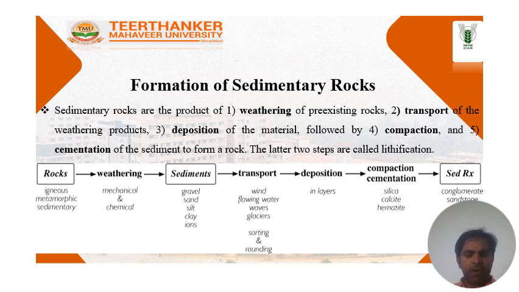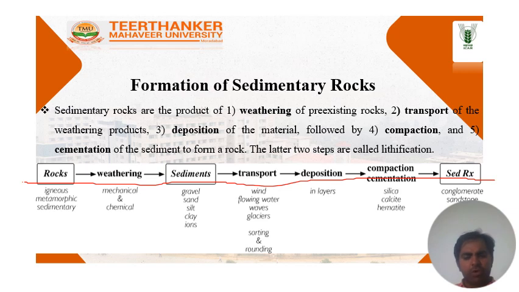So if you see this reaction, it begins from the igneous rocks, then sediment. Here the sedimentary rocks are the product of weathering of the pre-existing rocks, that is known as the igneous rocks, and maybe some other rocks.